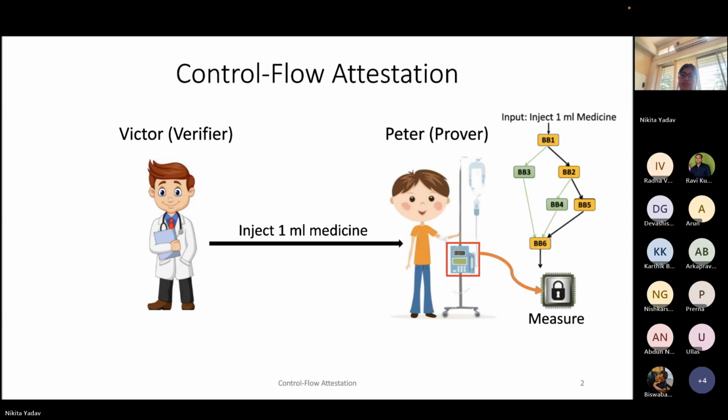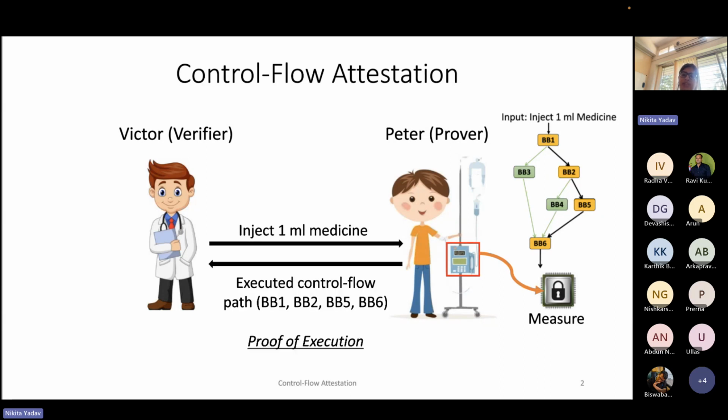To do so, we can leverage some secure hardware present on this embedded device. The secure hardware will record the execution of this program, recording this sequence of basic blocks, and later it will sign this sequence and send it back to Victor.